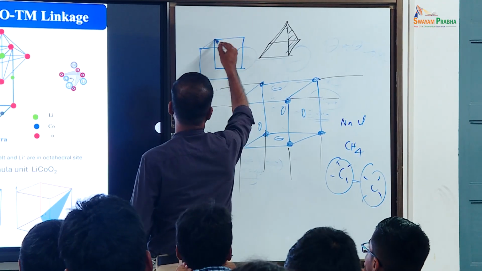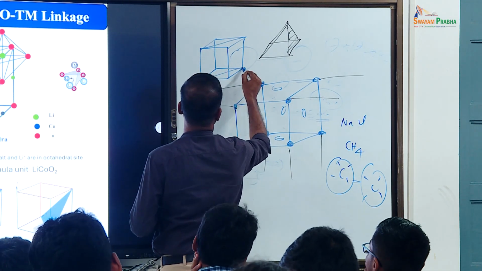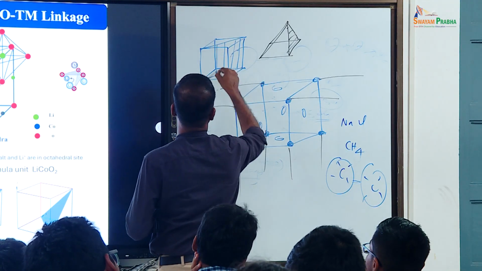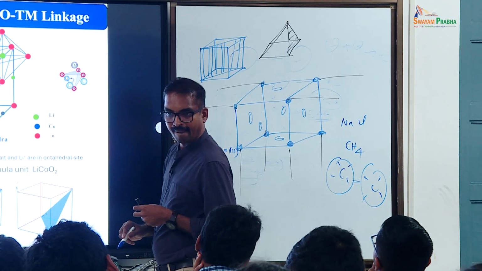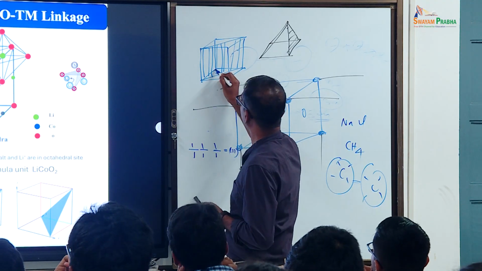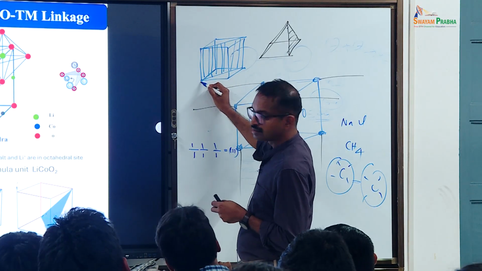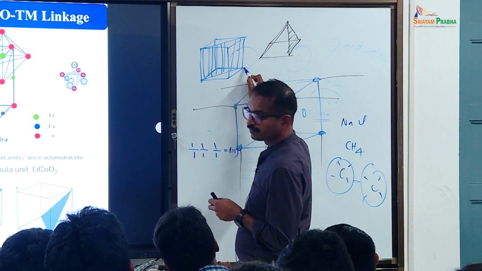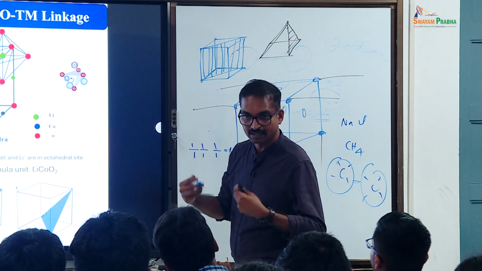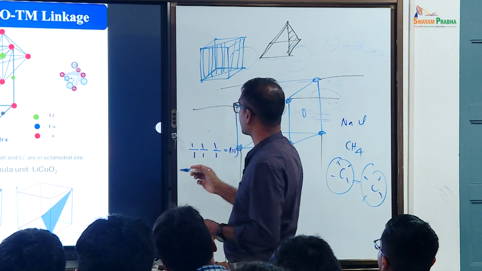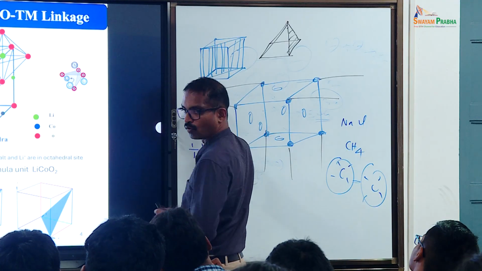So I have 1 unit along x, 1 unit along y, and never cuts. Okay, parallel. Take the inverse. So 1, 1, 0. This plane is called the 110 plane. That means it just goes through the face diagonal of your cube. That is the 110 plane.